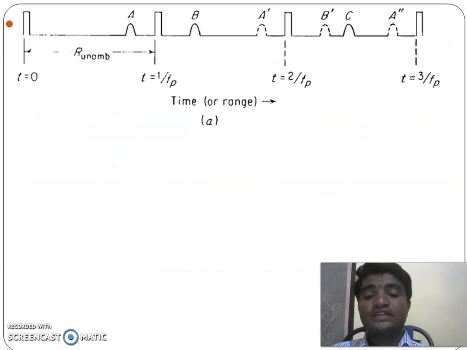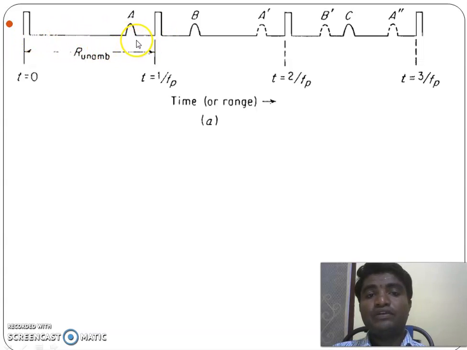Suppose I consider three targets: A, B, and C. By observing this waveform, first I am transmitting one pulse. All echoes from all targets should come within this period only, before the next pulse.